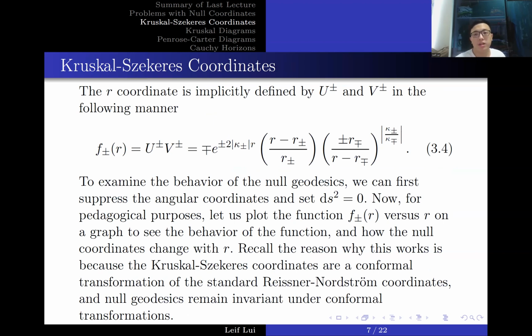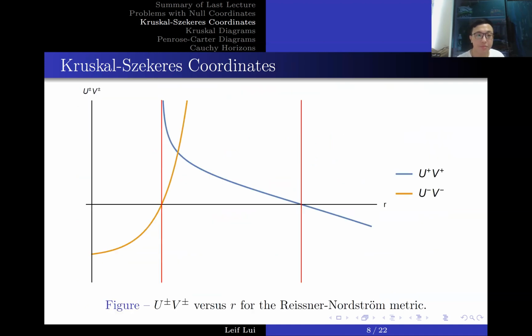But recall that a conformally related metric is not necessarily a solution to the Einstein equations, even if the original metric is a solution to the Einstein equations, because you will take derivatives and the conformal factor may be dependent on time or space, and this may or may not be a solution to the Einstein equations. You have seen this before when I talked about Penrose-Carter diagrams in previous lectures, so just refer back to that.